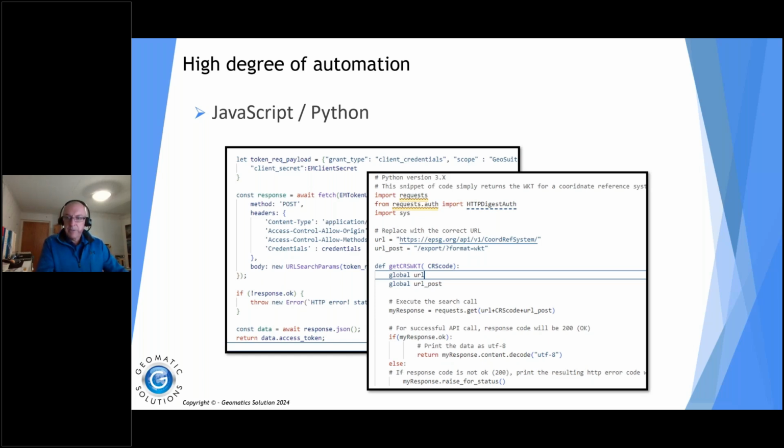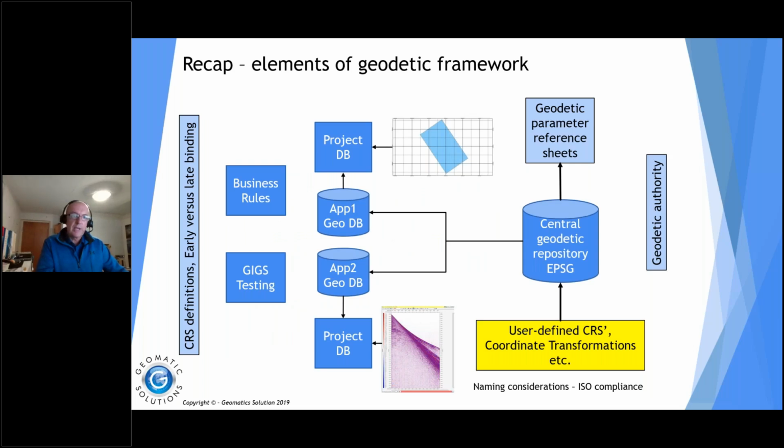The last step that we go through is then the recap of all of this. So you have your business rules. We defined our principles, the absolute truth. We defined our methods that we had. We then went on to define our naming conventions, with ISO compliance. We put in a central geodetic registry, which contains all our parameters and all of that.